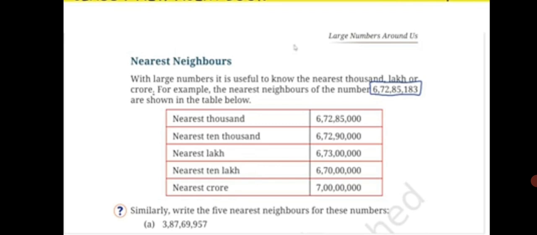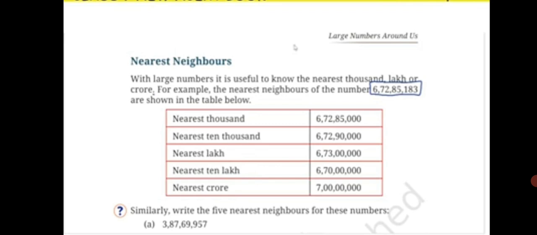Firstly, we'll take one number, 6 crore 72 lakh 85,183. With this example, we'll understand all the nearest neighbors of this number. Firstly, we'll do the nearest thousand. Tell me, in this number which digit is at the thousand place? So 5 is at the thousand place, and we circle this number. Just remember this rule.